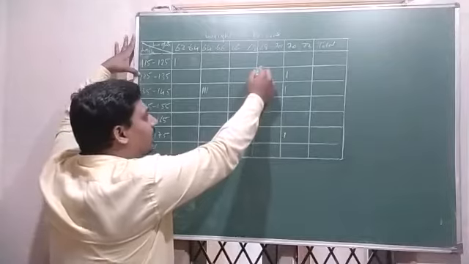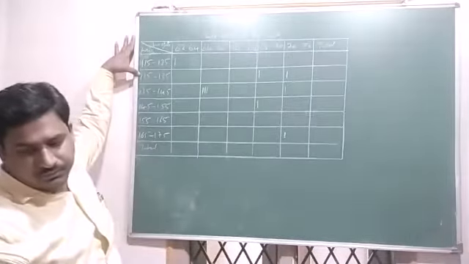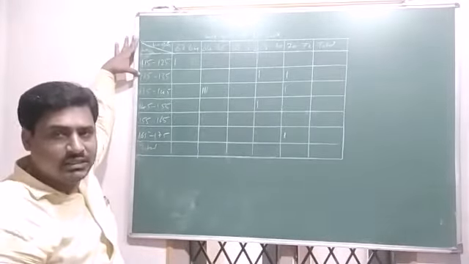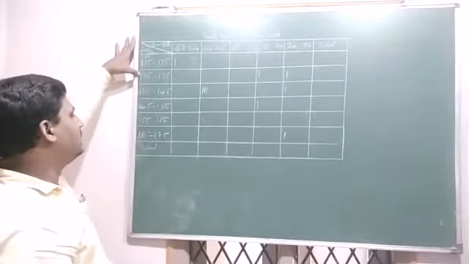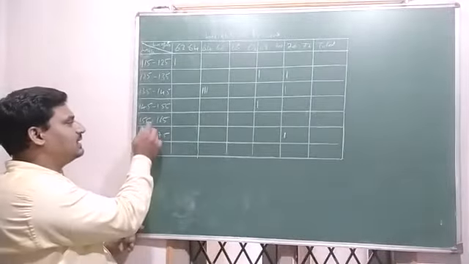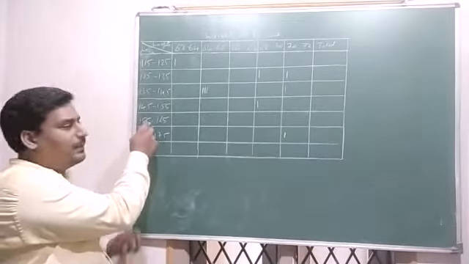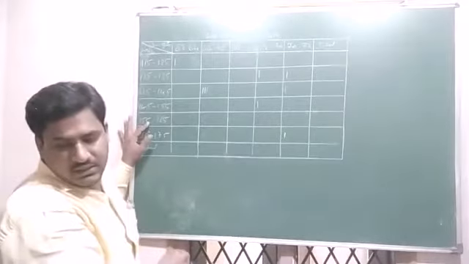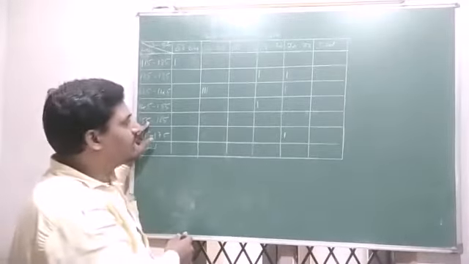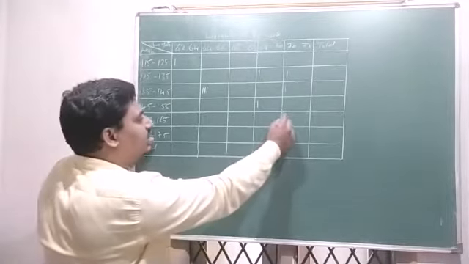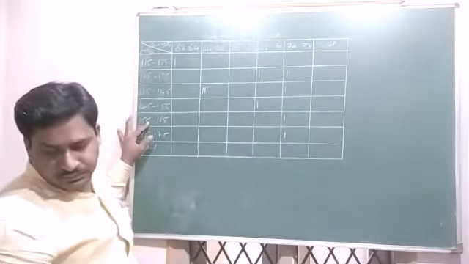So here I mark. Next 163 centimeter, 70 kg. So 163 lies in 155 to 165, and weight 70 kg. So 70 kg here it comes.